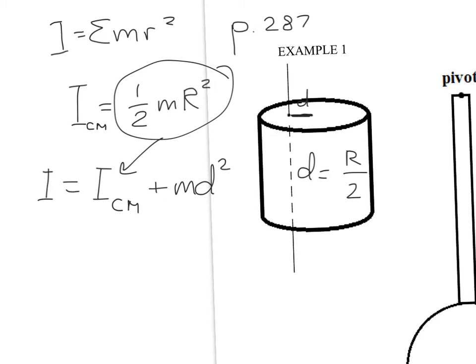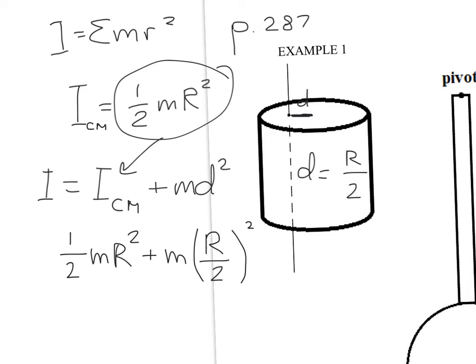In this particular case, since I picked r over 2, we're going to have 1/2 mr squared, plus m times D, which we said is r over 2. There it is. D is r over 2. Oh, and we're squaring it.